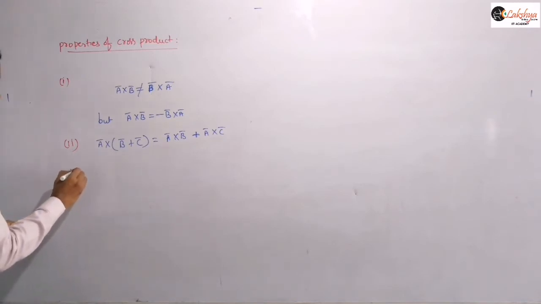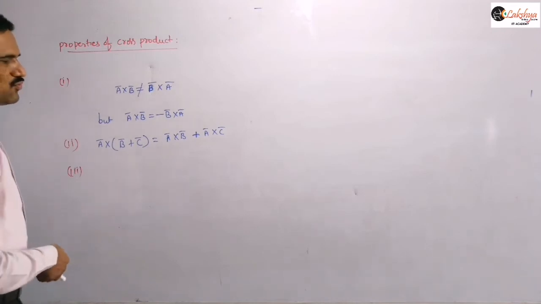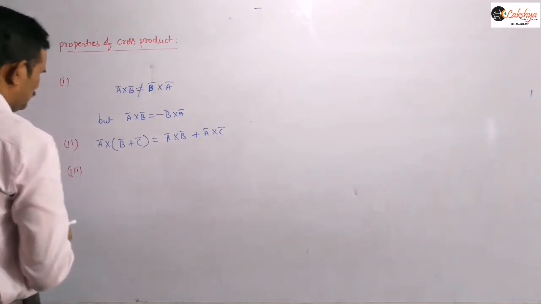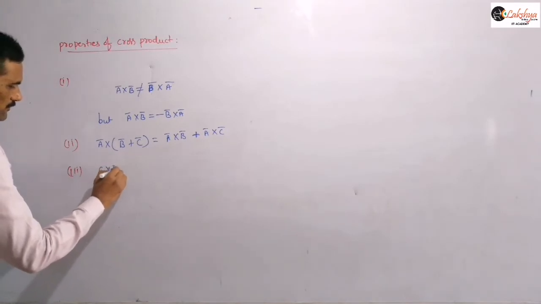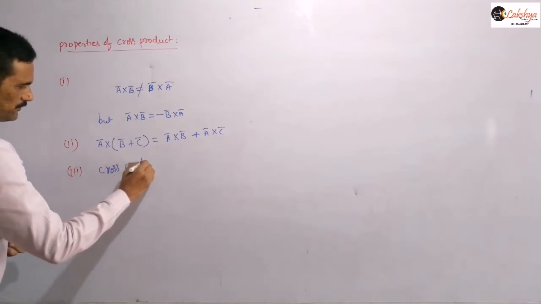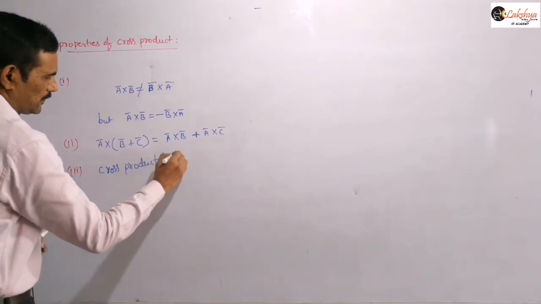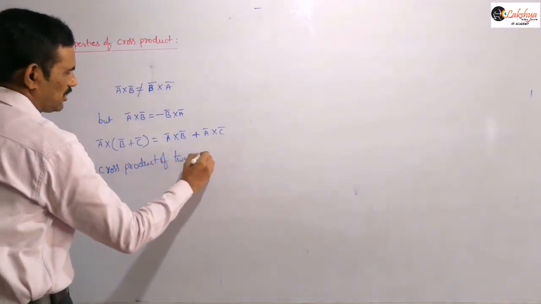Another property we can now consider is for different angles. The cross product of two parallel vectors.